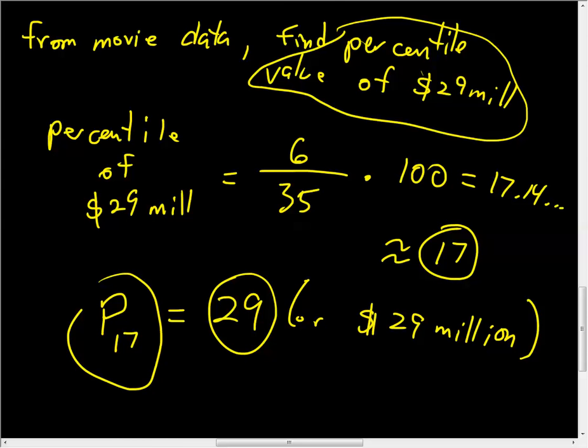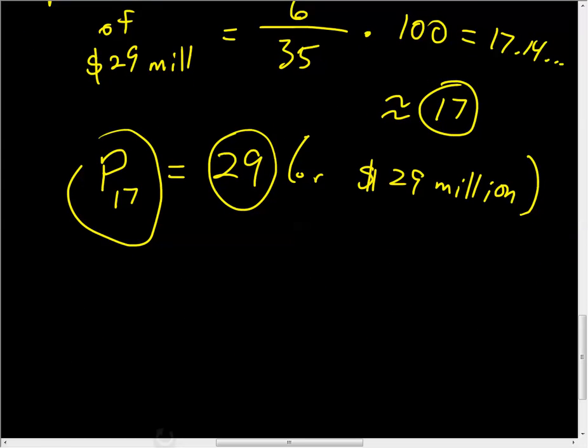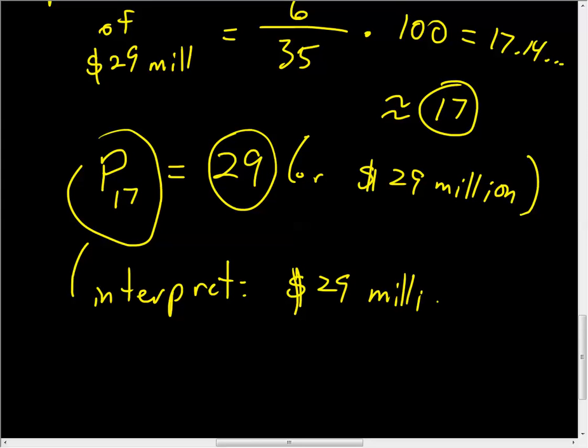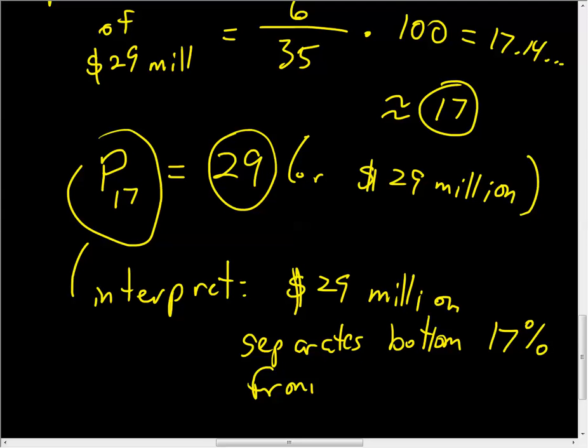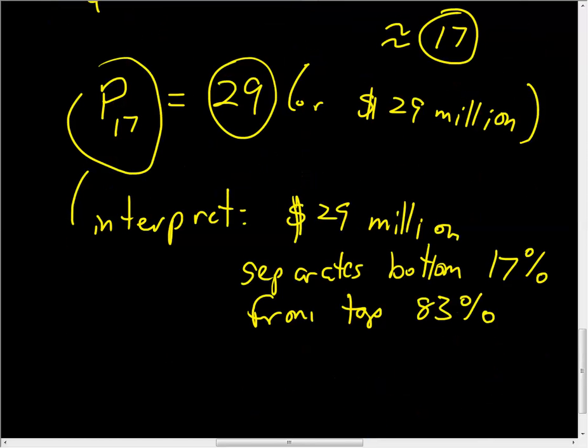Again, I can interpret this: we'll say a movie budget of 29 million separates the bottom 17% of all movies from the top 83% of all movie budgets, of course, in millions of dollars.